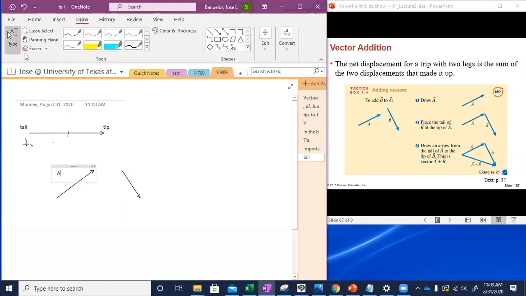When we're talking about distances, it makes sense that if you're going to take a trip, you count how far you went in one part of the trip, and then you add up what you did in the second part of the trip. However, what the tip-to-tail method tells you to do is you basically take your vector.